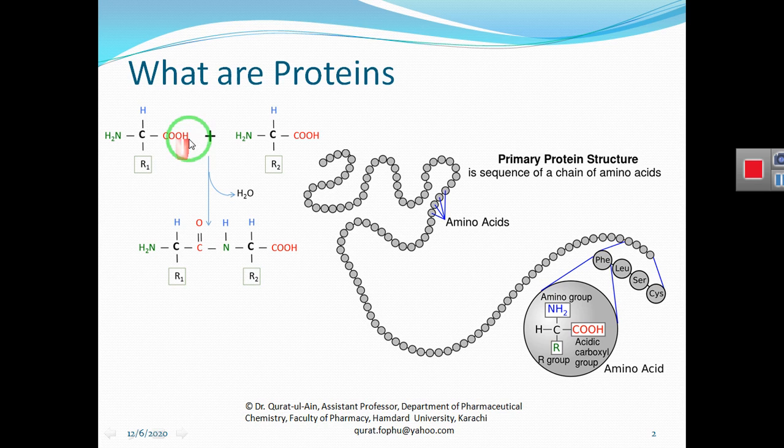One hydroxyl group is removed from one molecule, and one hydrogen is removed from the other molecule, and they come out from both molecules as water, and a bond is formed between the carbon and the nitrogen of the two different amino acids. We call this bond a peptide bond that joins two amino acid residues together.